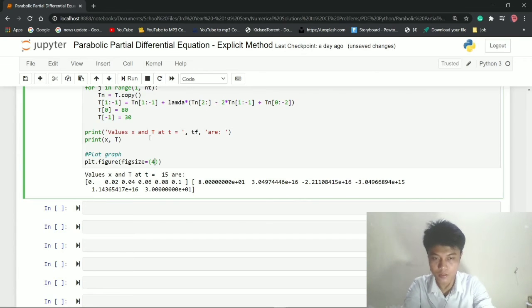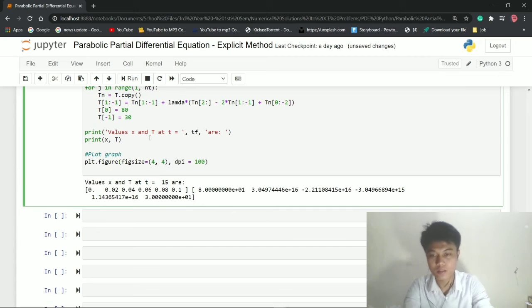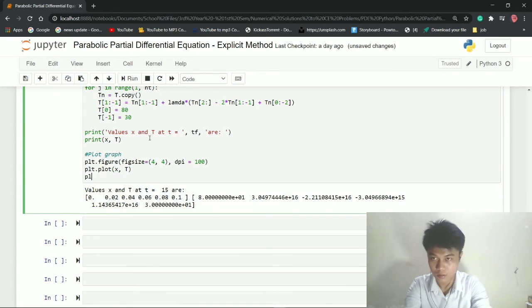So 4, 4 para malaki-laki, dpi is equals to 100 para pwede natin ma-download siya as high resolution, di ba? So next, plt, plot na natin yung ating x and t. And then plot natin yung axis, yung hangganan ng axis natin.